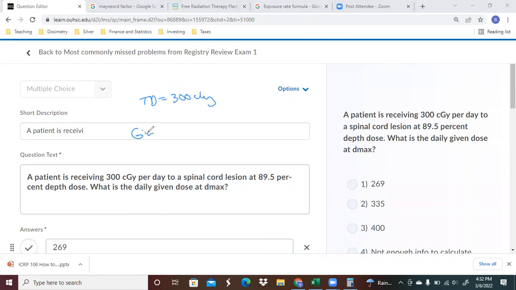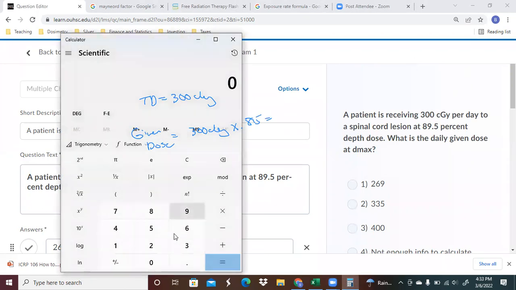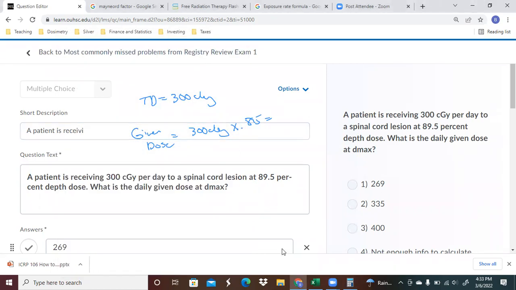So the given dose, you come up with 268.5, or 269 in this particular case. So I want you to be aware of that particular definition of given dose.